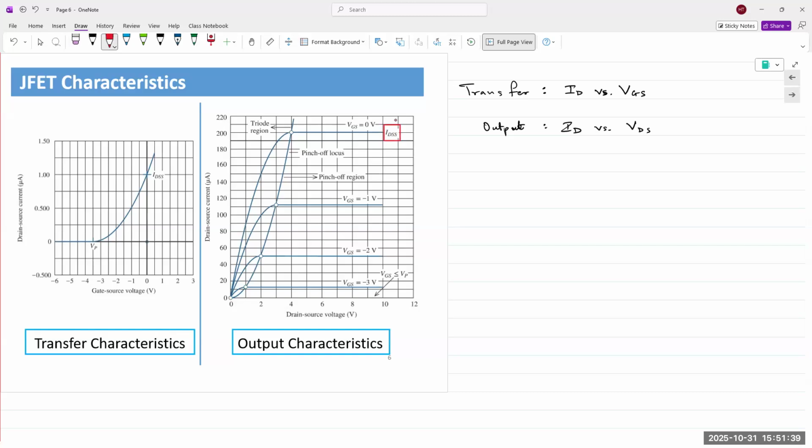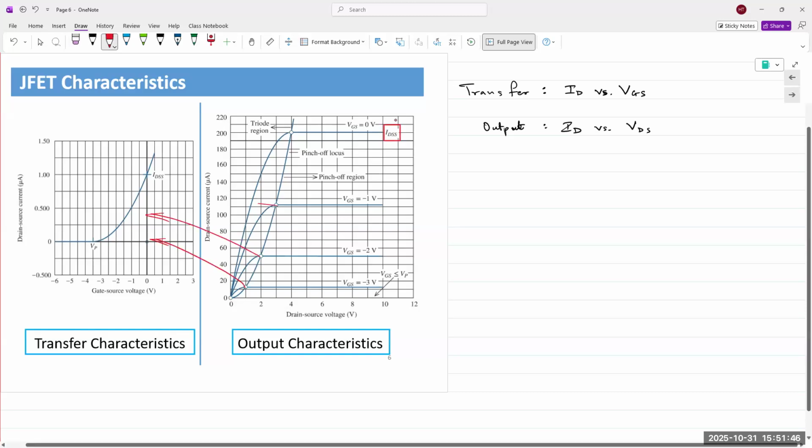The triode region is to the left. The way we obtain the points on the left is we simply translate them from this side. That's how we obtain the transfer characteristic.